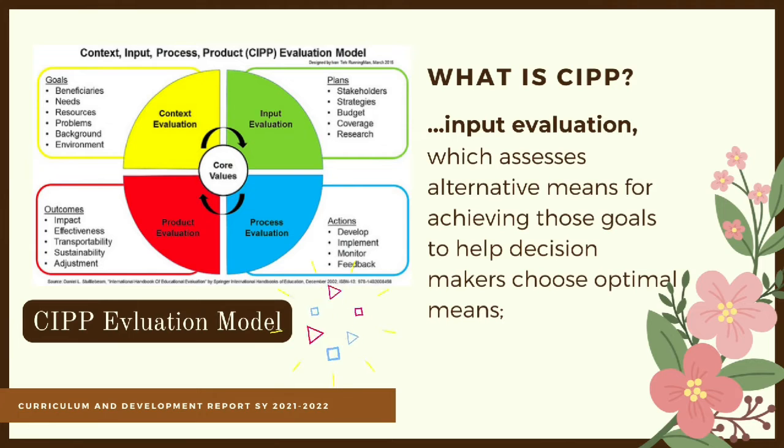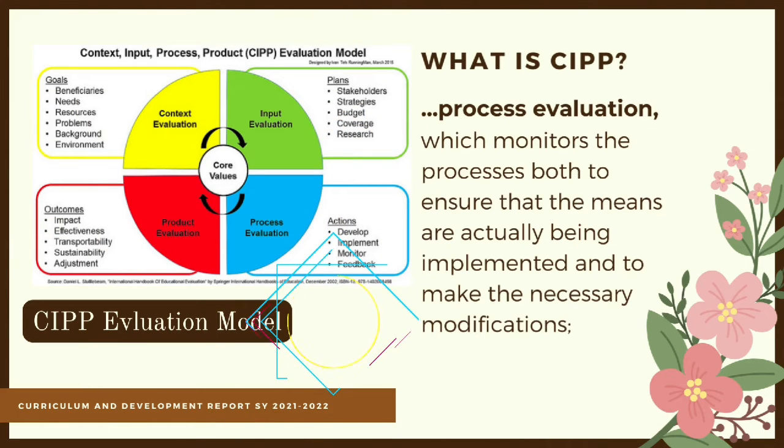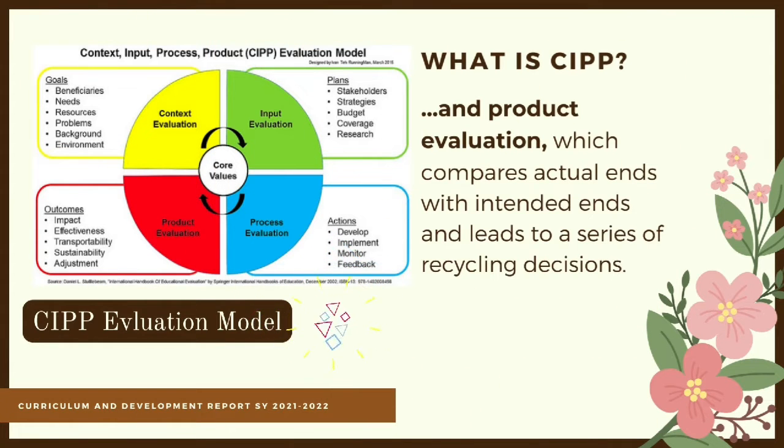Second, input evaluation, which assesses alternative means for achieving those goals to help decision makers choose optimal means. Third, process evaluation, which monitors the process both to ensure that the means are actually being implemented and to make the necessary modification. And product evaluation, which compares actual ends with intended ends and leads to a series of recycling decisions.